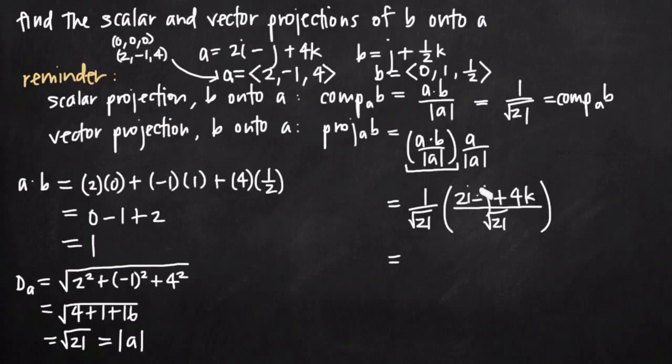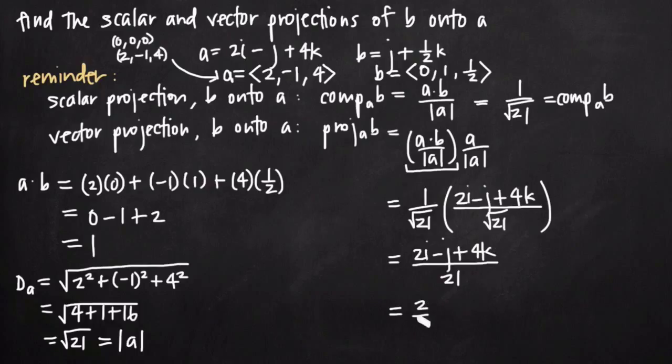Now if we just simplify this, what we're going to get is in our numerator 2i minus j plus 4k, and in our denominator, root 21 times root 21 is just going to give us a positive 21. Now we could leave it like this, but technically, if we want to be precise about our answer, we want to distribute this 1 over 21 across each of our components here.